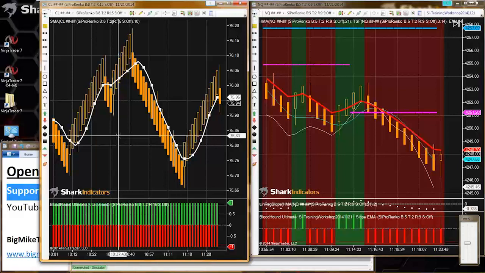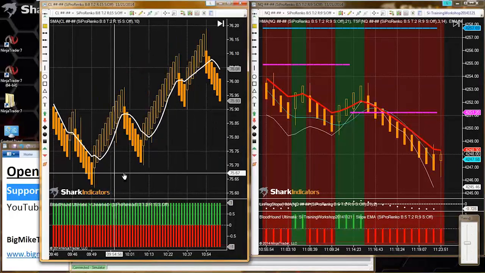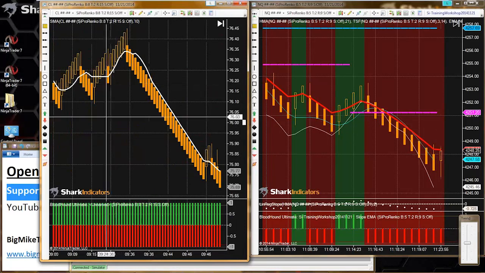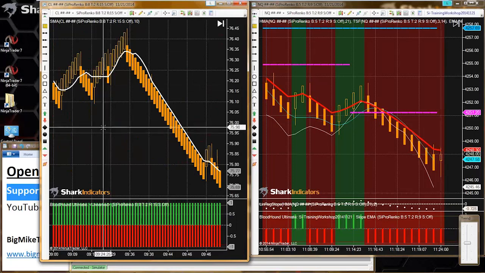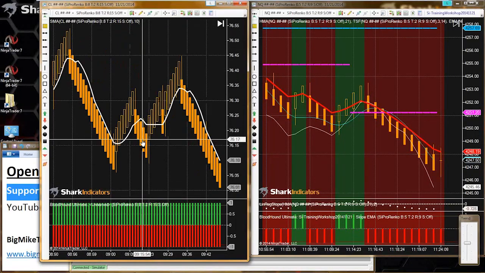It's always showing you COBC true. So when you're trying to backtest an idea, you can only visually see and backtest with COBC true. You can never backtest with COBC false on a historical chart.